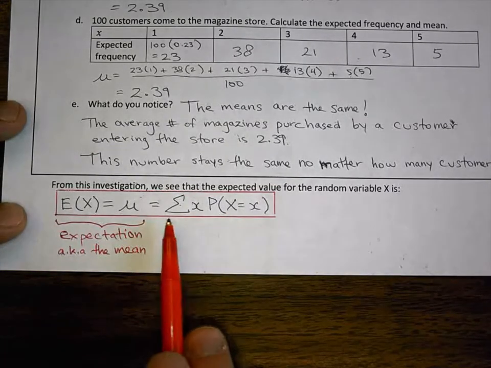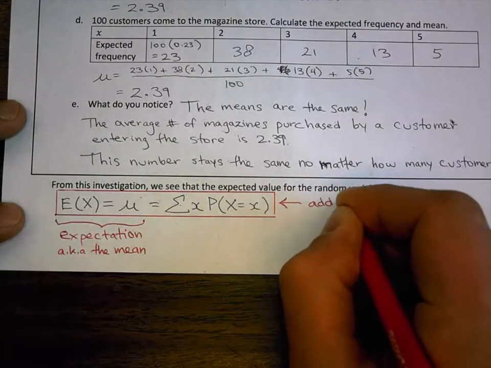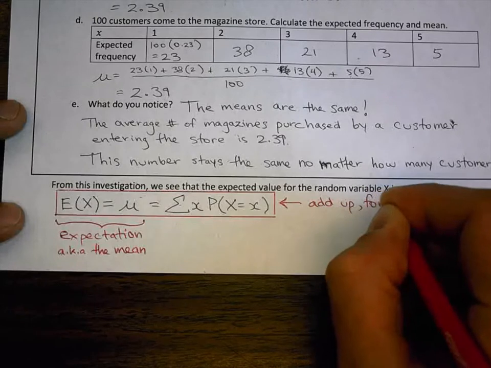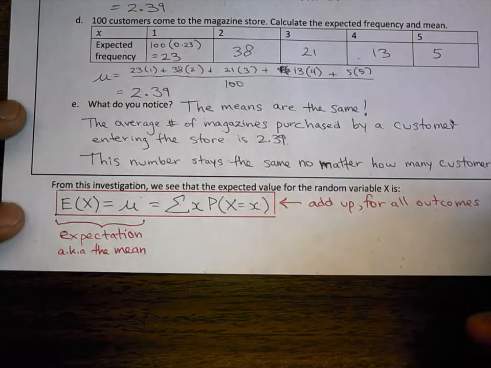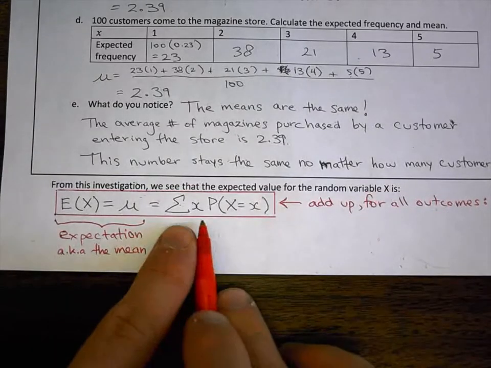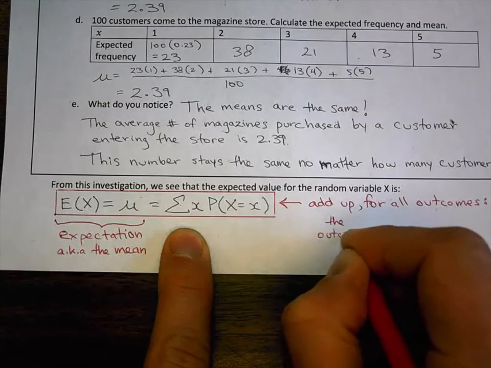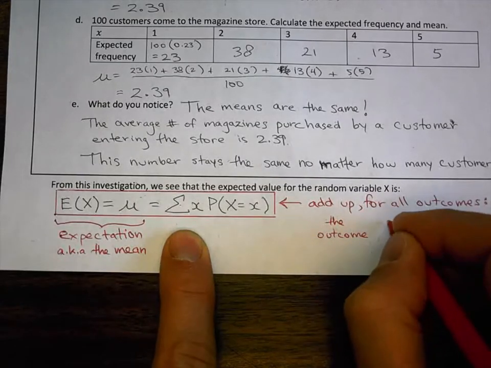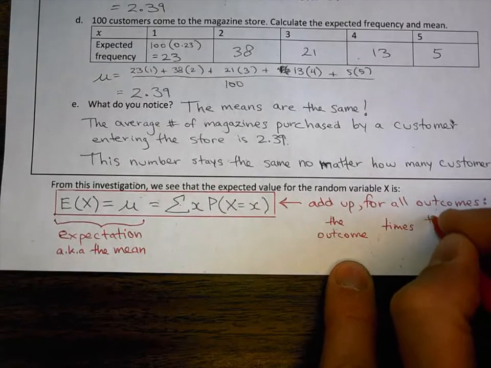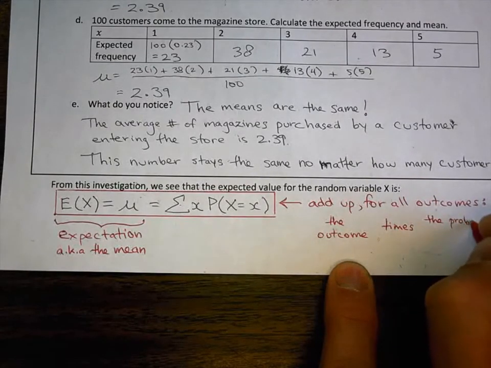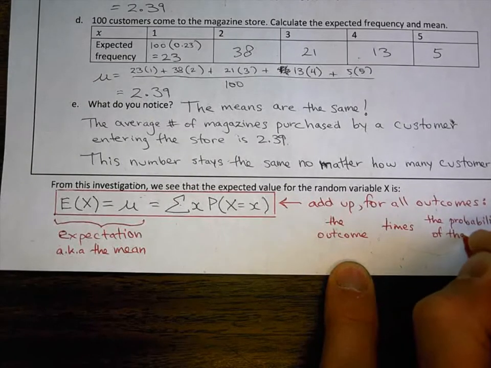The formula is the sum, so we're going to add up for all outcomes the outcome, so x, times the probability of that outcome.